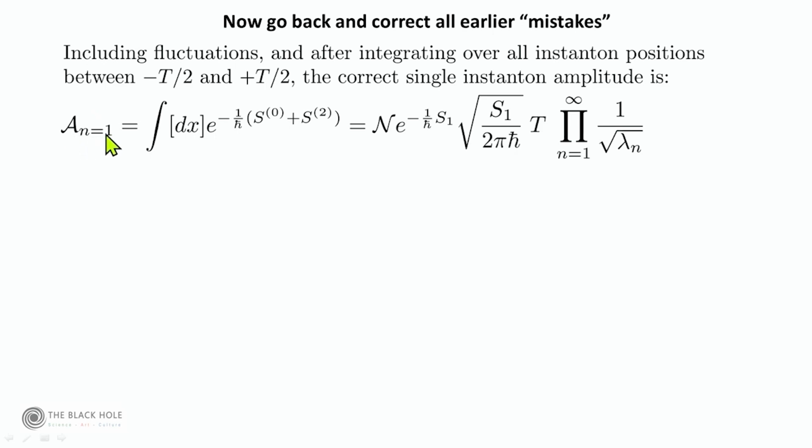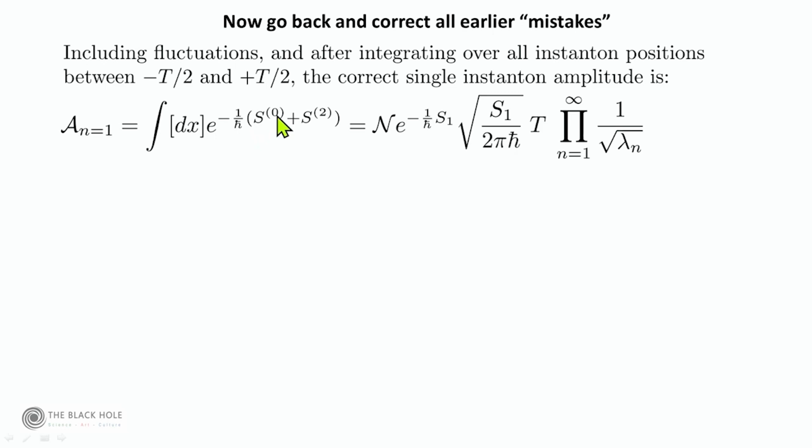The amplitude for a single instanton, so n equals 1 means one instanton only between minus t over 2 and plus t over 2. Here is the classical part, S0. Just take that out. And actually, just a point of notation, I meant over here 0th order, which means classical.